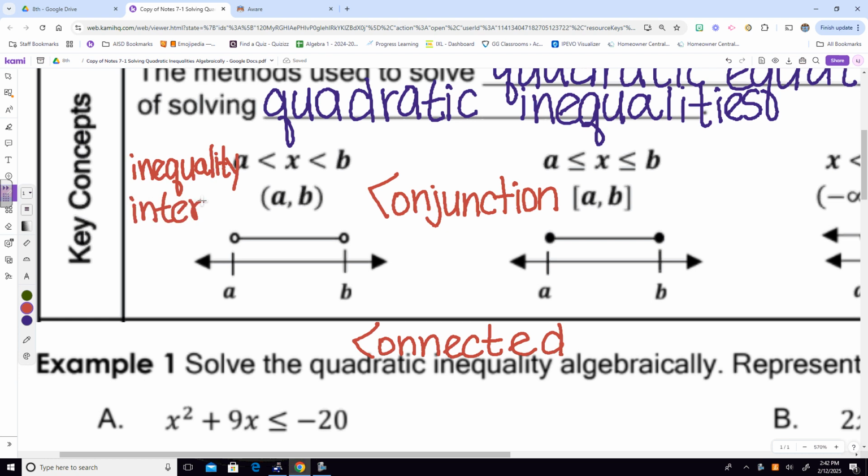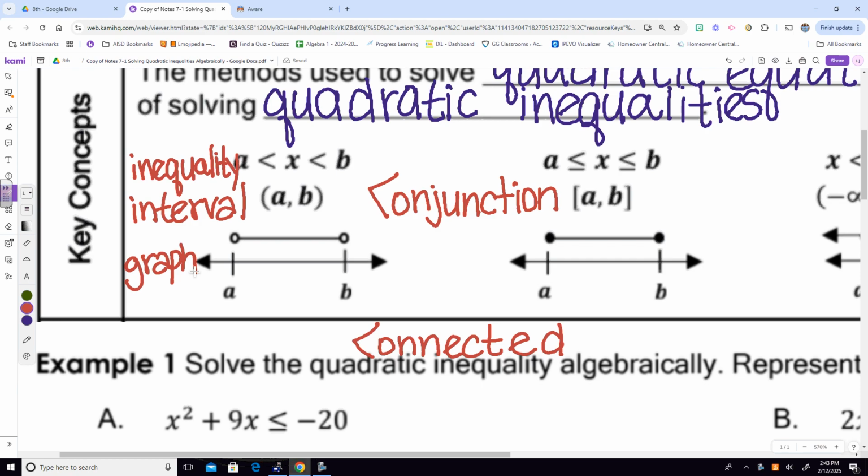Do we have 1 connected interval or 2 separate intervals? 1 connected. And then the bottom one is called a graph. Check out your graph. Is your graph a connected segment or 2 disconnected rays? Connected segment. So everything results in something being connected. Conjunction, connected. See the relationship?